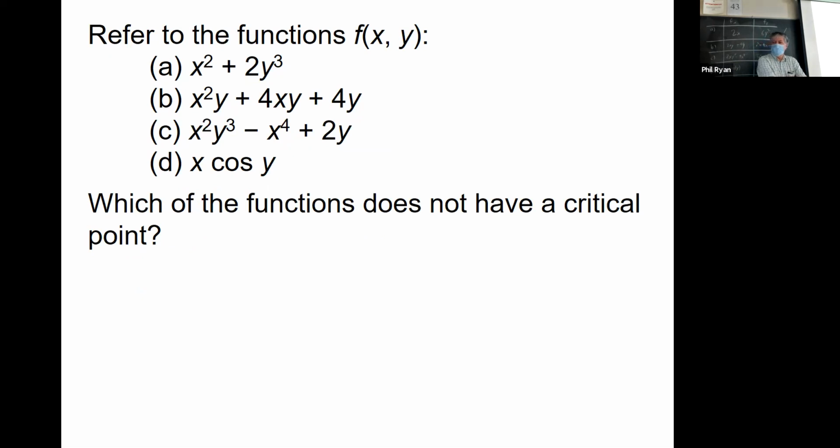Which of these functions does not have a critical point? Okay. Good question. Now this one does have a critical point, right? We've already seen that. Now, does this have a critical point? Can that ever be 0?